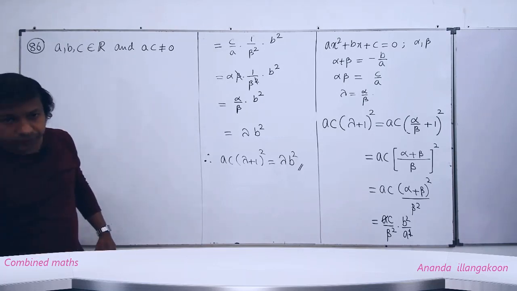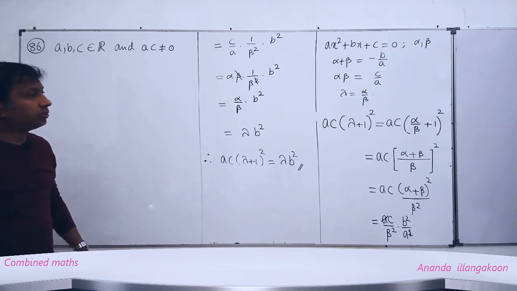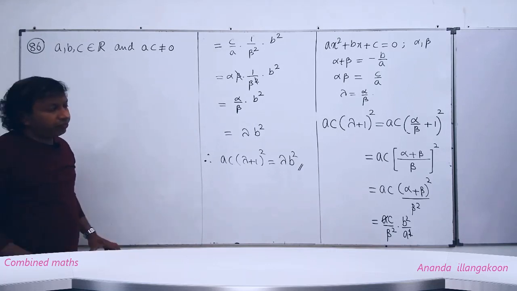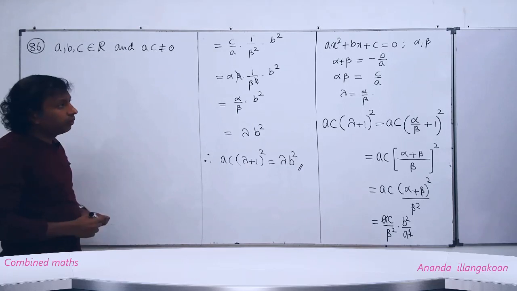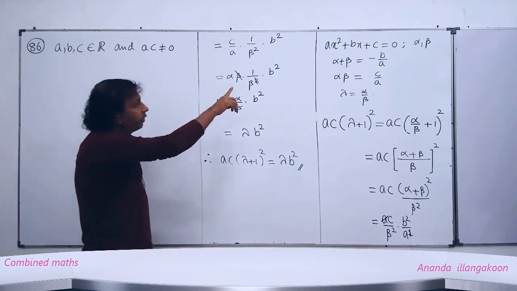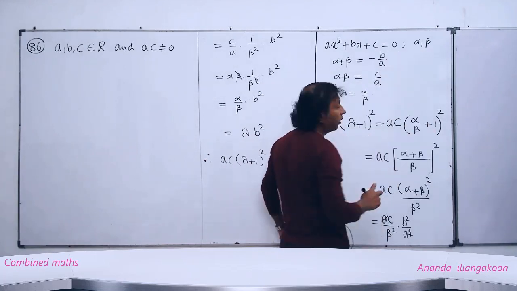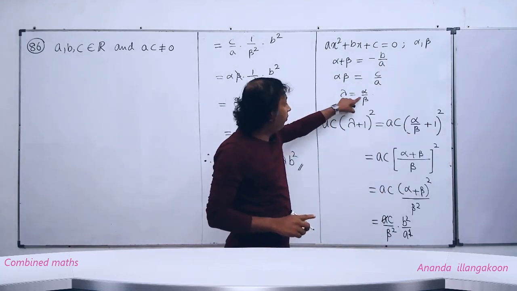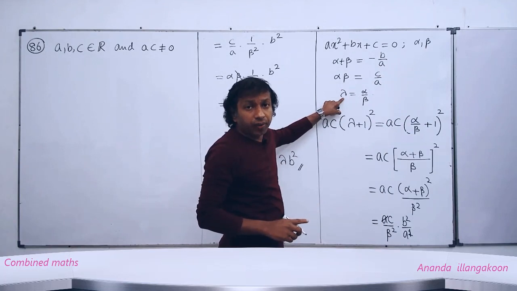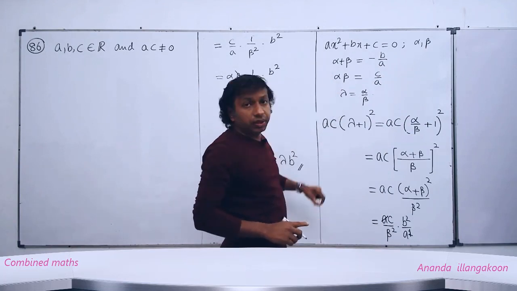Right. So then if I summarize the things we have done so far: we had been given that the equation ax squared plus bx plus c equals 0 has the roots alpha and beta, and alpha divided by beta is given as lambda. Then this data we can write now.